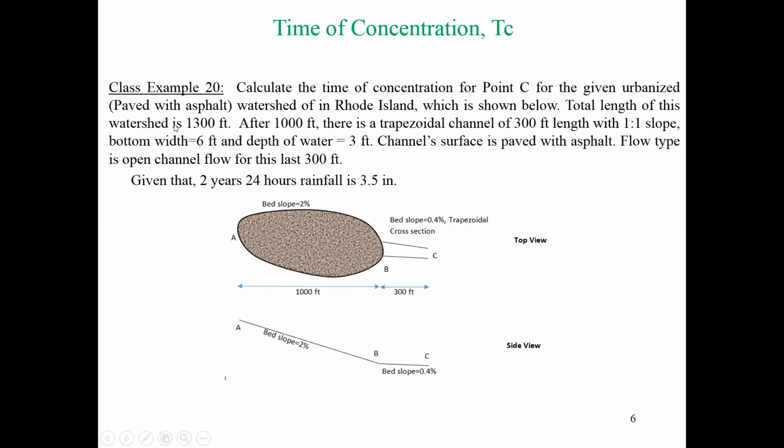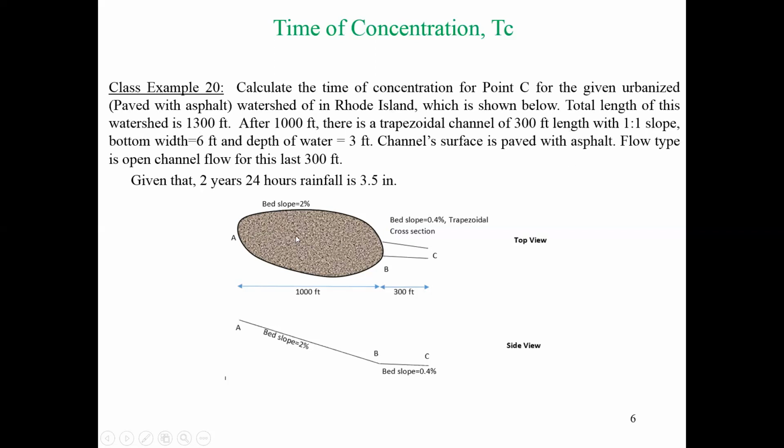Total length of the watershed is 1,300 feet. You can see that after 1,000 feet, there is a trapezoidal channel of 300 feet length with 1:1 side slope, bottom width 6 feet, and depth of water 3 feet. The channel surface is paved with asphalt also.